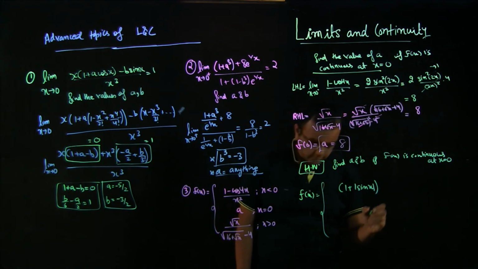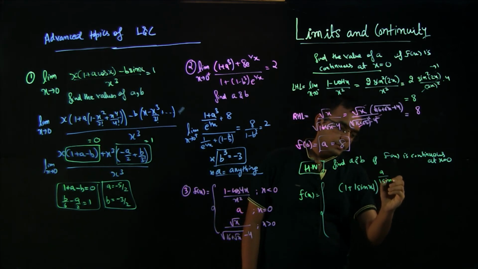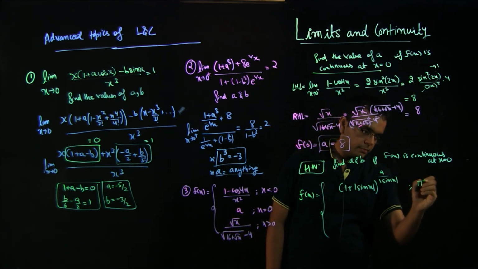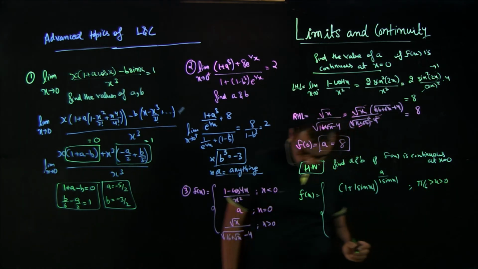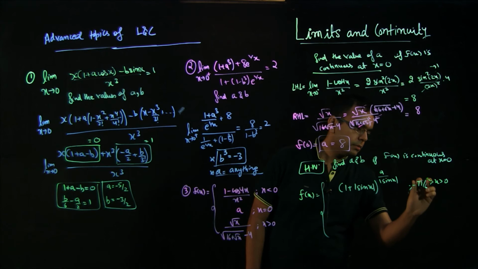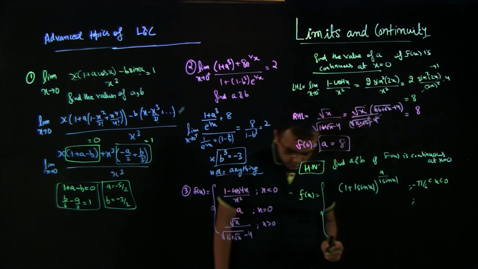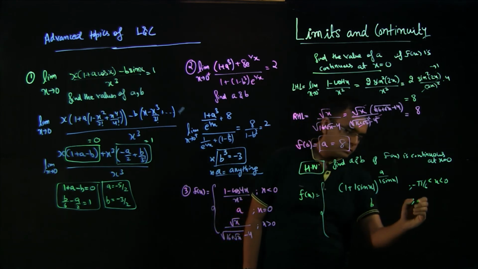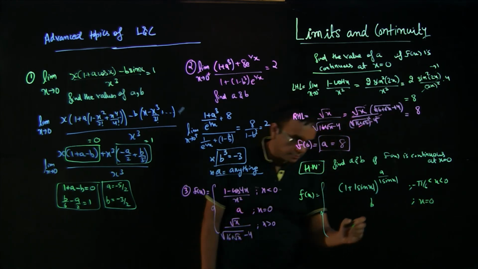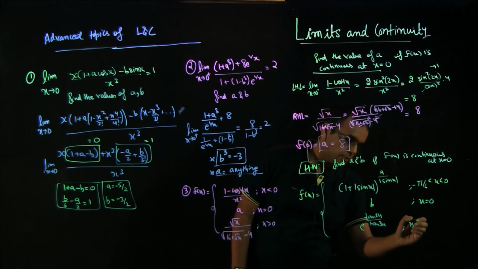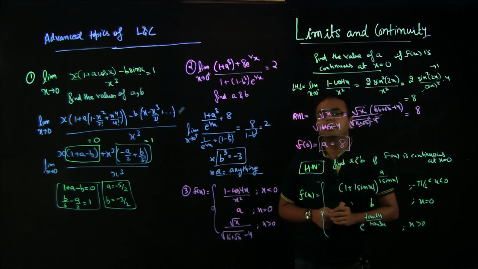The function is 1 plus a mod sin x by mod sin x for minus pi by 6 less than x less than 0, b for x equal to 0, and e raised to the power of tan 2x by tan 3x for x greater than 0.